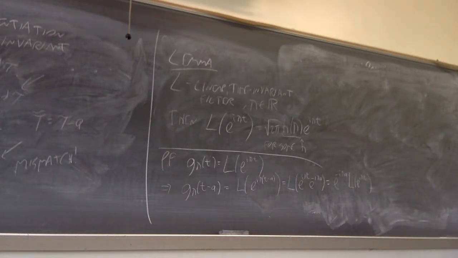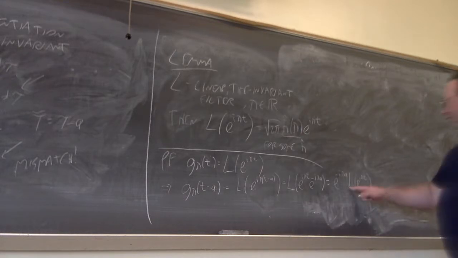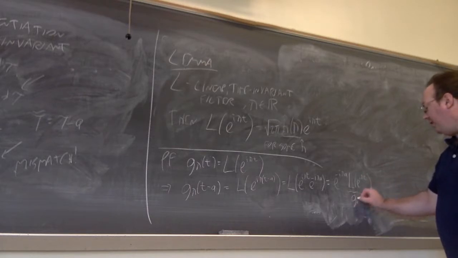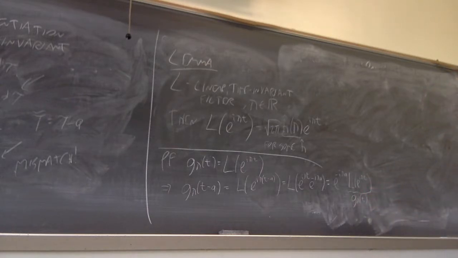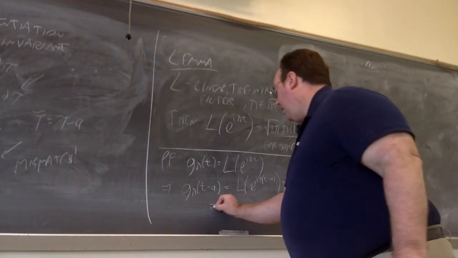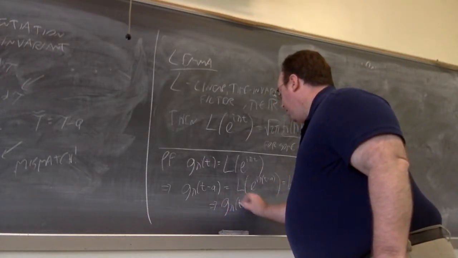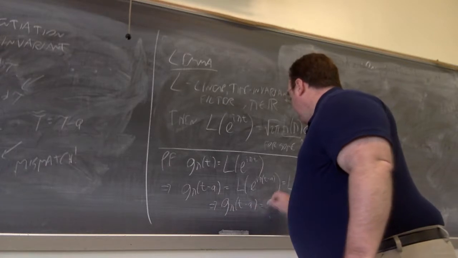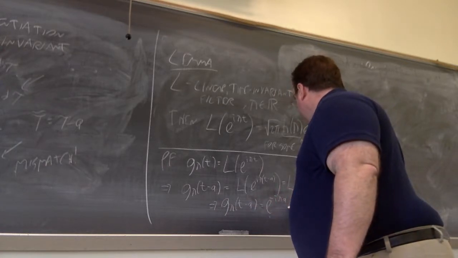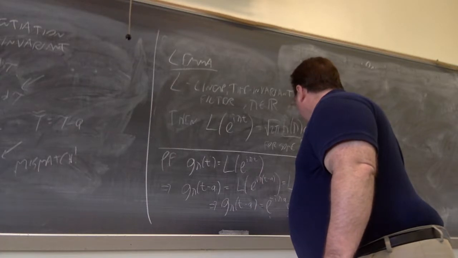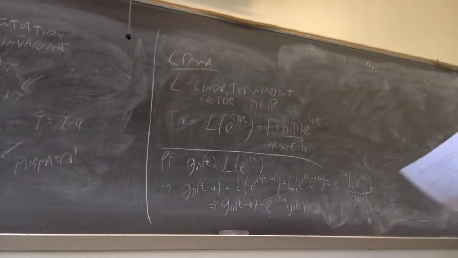Okay. But what is this? This is g lambda of t. Okay. So if I were to summarize, I have g lambda of t minus a is equal to e to the minus I lambda a g lambda of t. Okay.